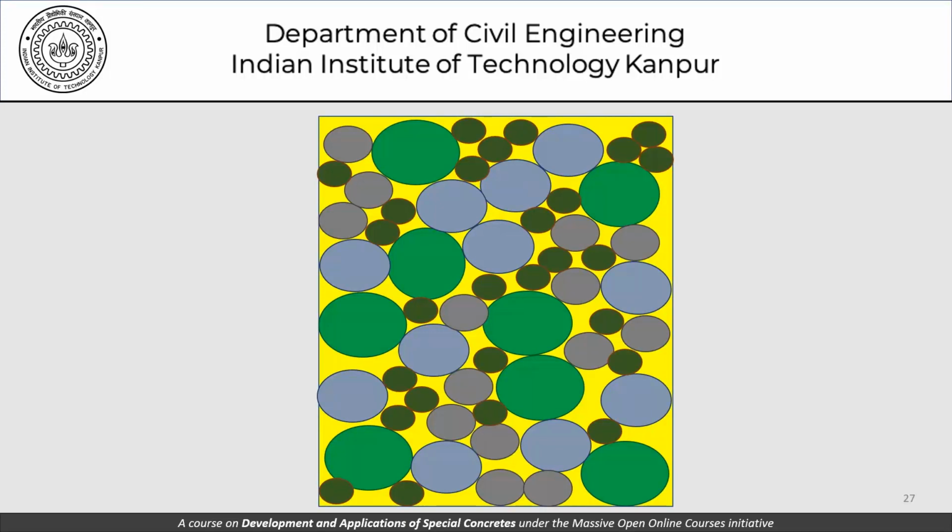So this yellow part is the minimum amount of mortar that is needed to make this mass into a concrete. Minimum amount of mortar means that amount of mortar which just fills the gap between the aggregates. So the interparticle voids, inter-aggregate voids are now being filled with mortar.